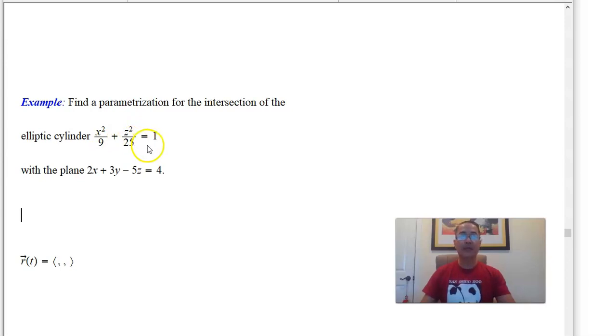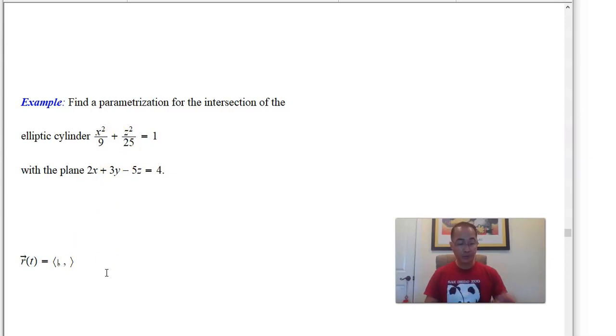In general, every point in your elliptic cylinder can be expressed with x as 3 cosine t and z as 5 sine t. What about y? y can be anything. That's the key.